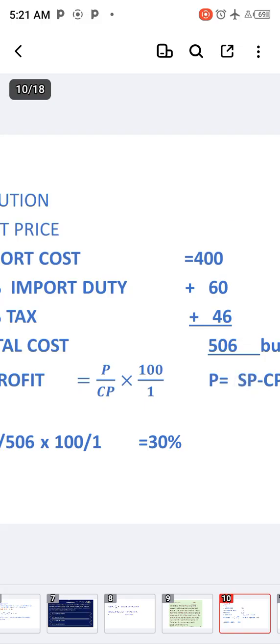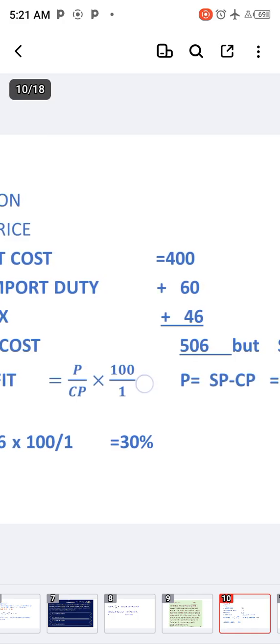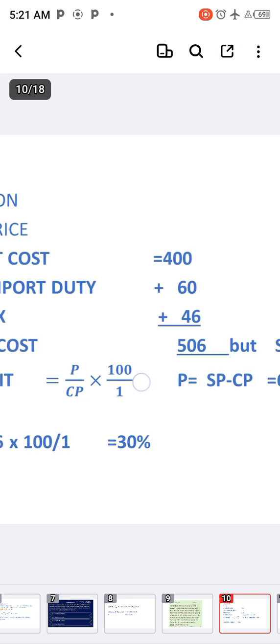So the sum of 400, 46, and 60 will give us 506. This is the cost price of the quantity of fish.